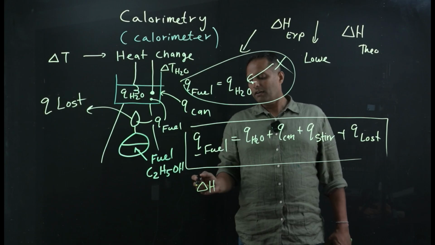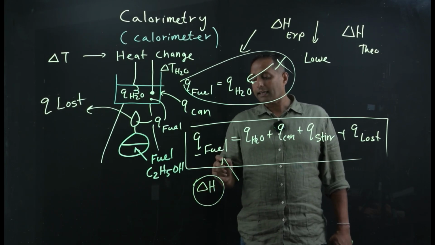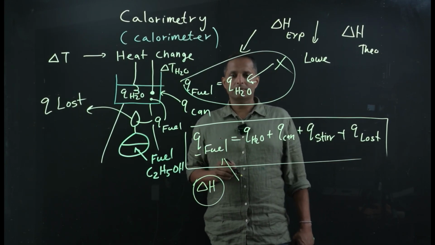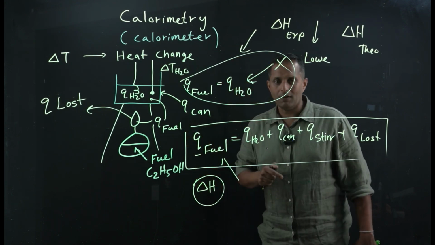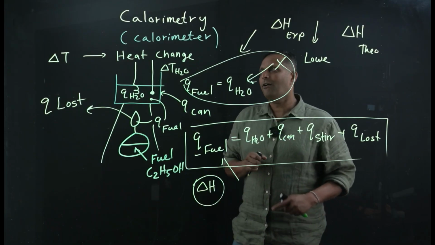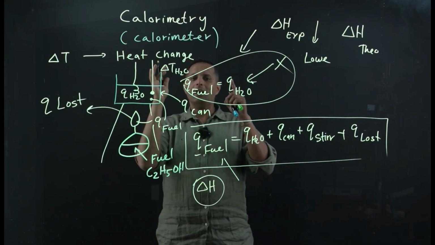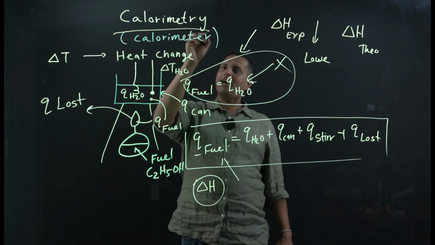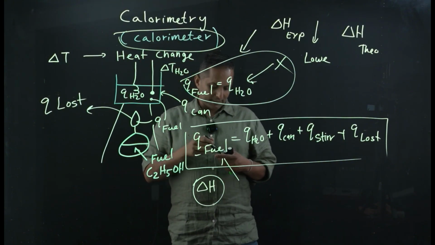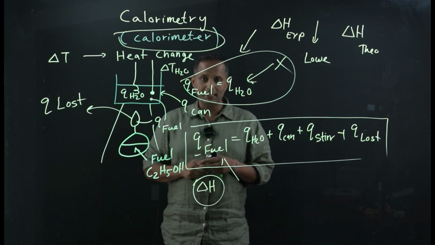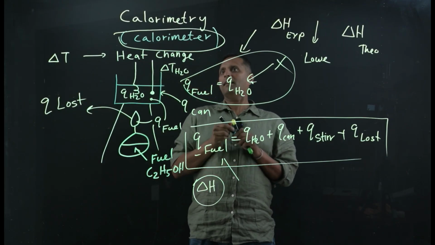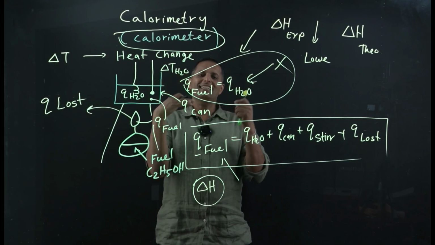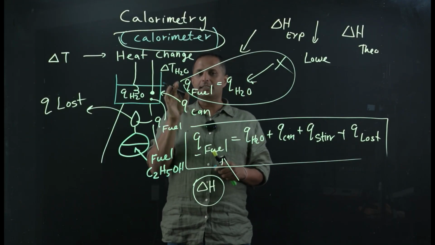Or in other words, we will be able to get an accurate Q fuel value. Accurate Q fuel value means accurate delta H value. So that is why we use a calorimeter. It's a special type of container. We do the reaction inside this special type of container.